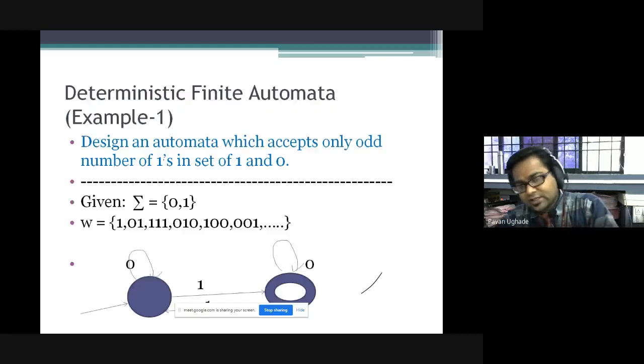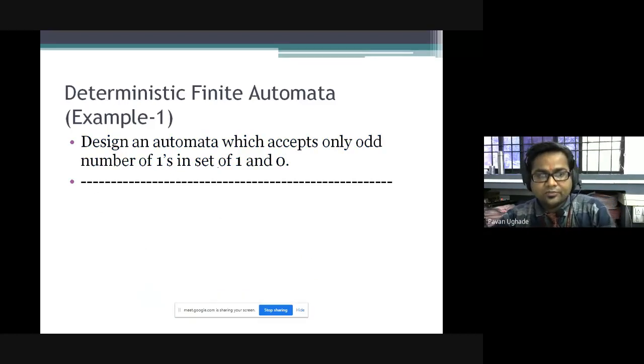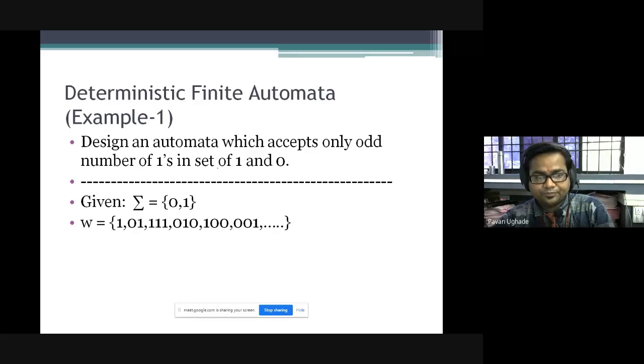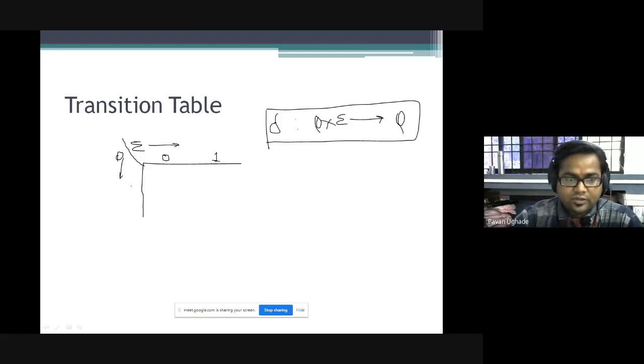Now in the previous example we discussed as a first example, the alphabets were 0 and 1. So I'll simply write down these alphabets, 0 and 1, over this x-axis. For the y-axis, q is nothing but the states.